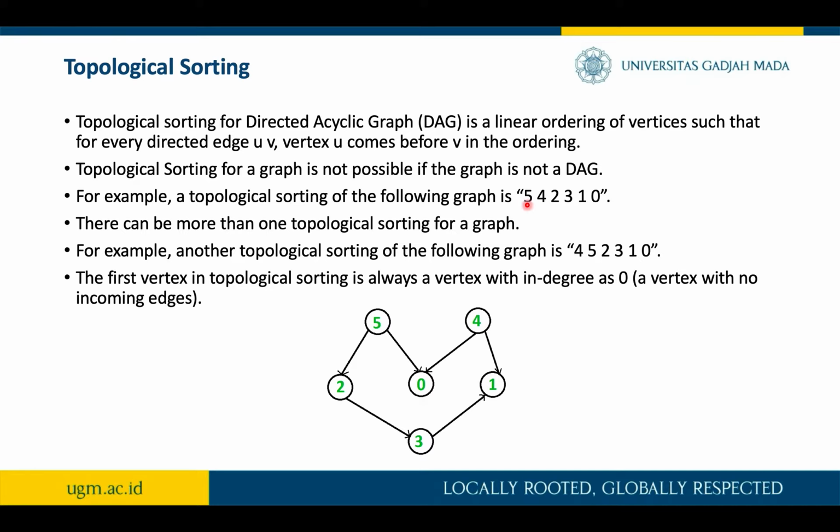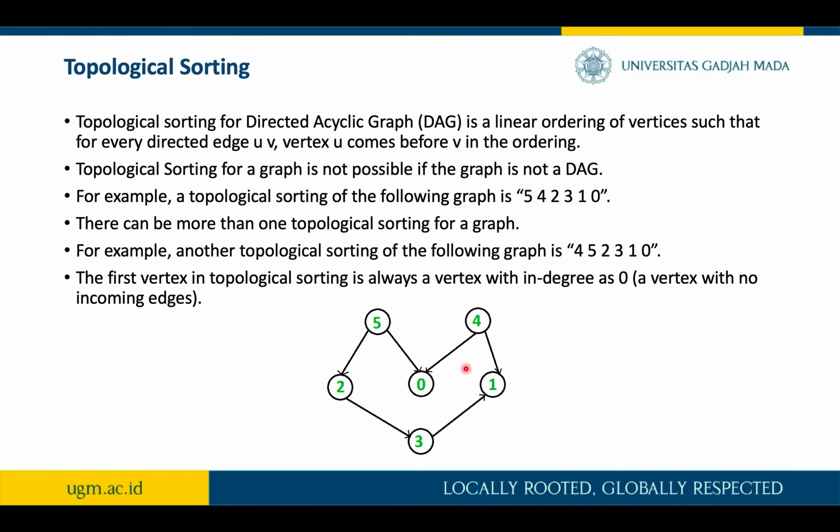If we pick any pair here of vertices, for example 5 and 2, as we can see here, 5 appears before 2, because 5 must be done before 2. Then 5 and 3 are also the same. There's a path from 5 to 3. Then 5 is placed on the left of 3.